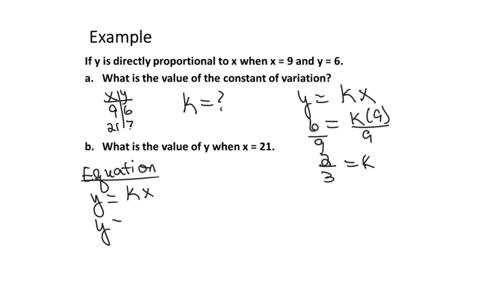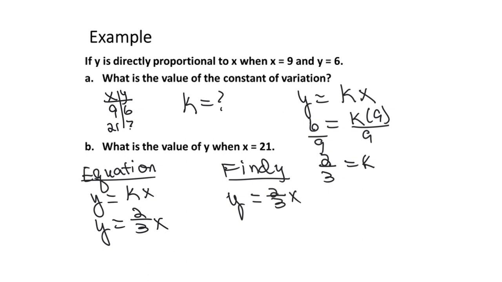And I'm going to replace k with 2/3. I'm going to now find the missing value y by plugging into the equation y is equal to 2/3 x. And I replace x with 21. And when I do that, I'm going to get y is equal to 14.